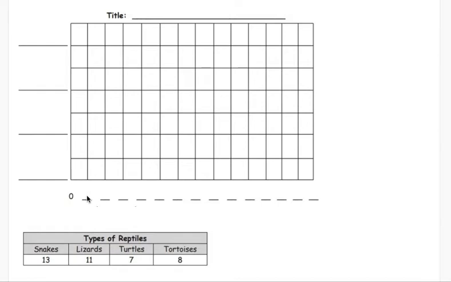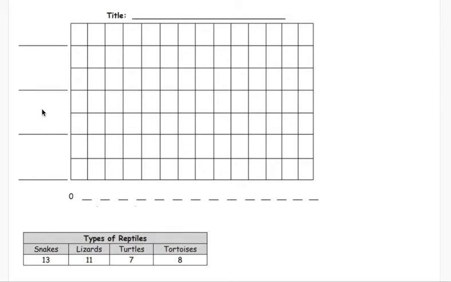This line would be 1, this line would be 2. If this one was all the way over here, I would just trace the line down and read the number on the line. We're going to count by 1 so that all of our data fits, because here we're counting by ones. So we'd have 0, 1, 2, 3, 4, 5, 6, 7, 8, 9, 10, 11, 12, 13, 14.